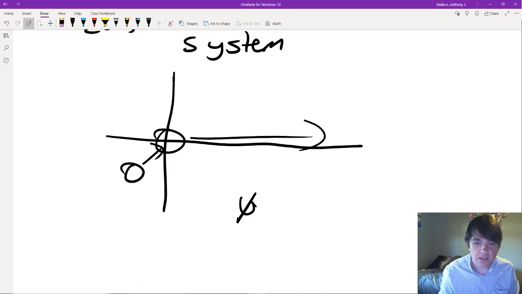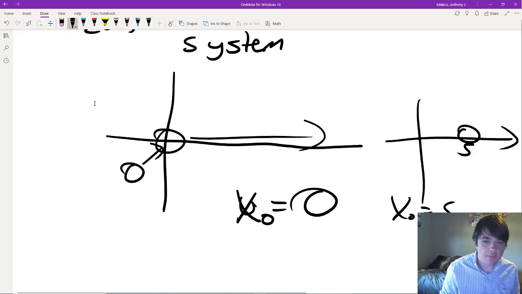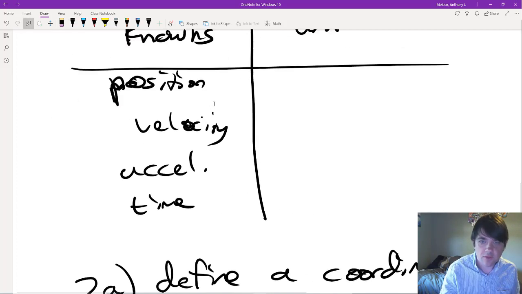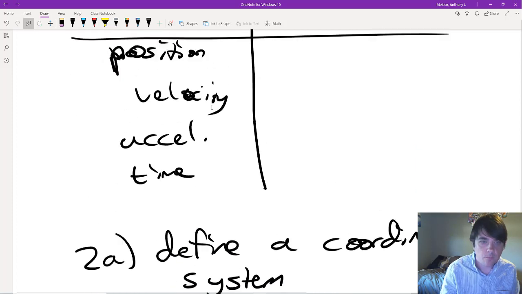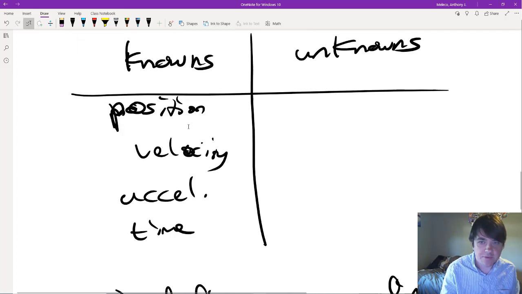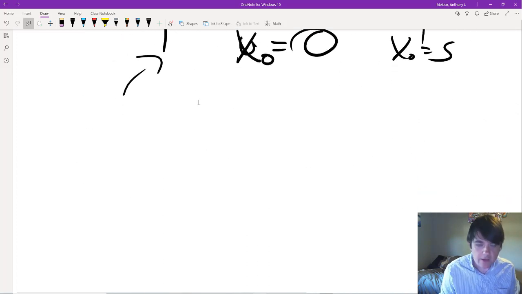Then that would mean x initial is 0. Whereas if I set it over here and it's at 5 already, then x initial would be 5. I'll typically opt for this. Okay, so that's again part of this implicit, defined by you. When you do your knowns and unknowns, you set a coordinate system, and I'll show you how to do that.